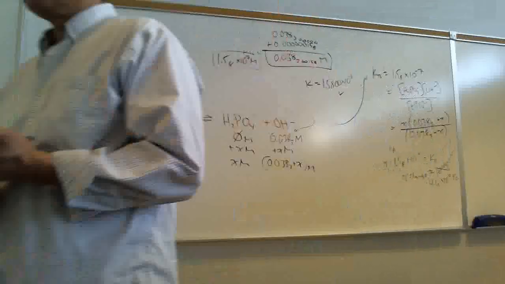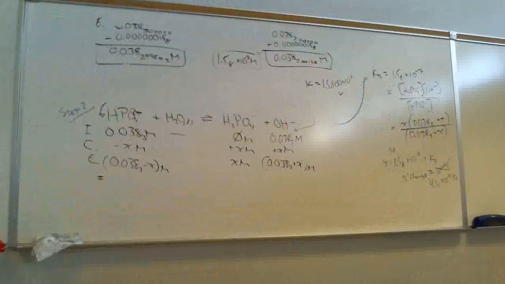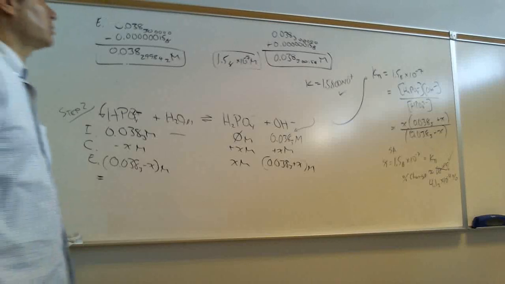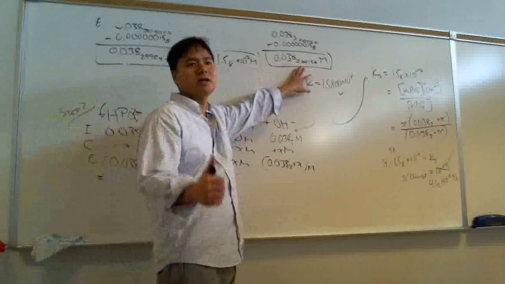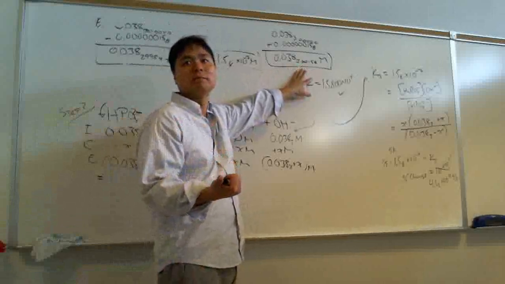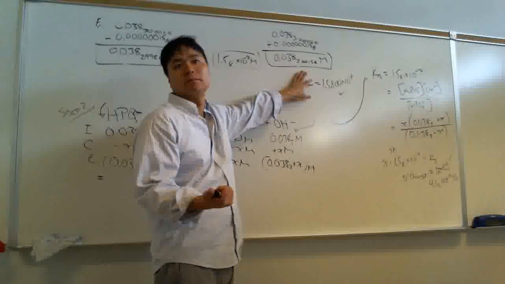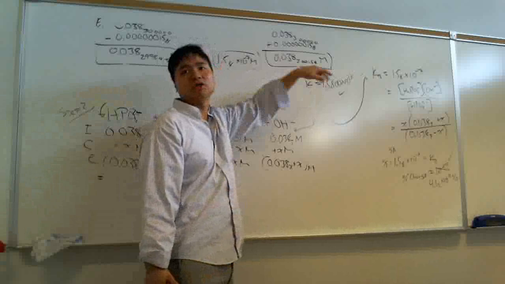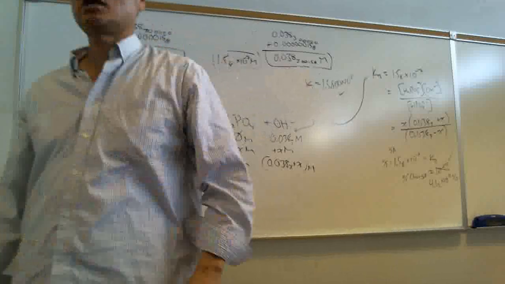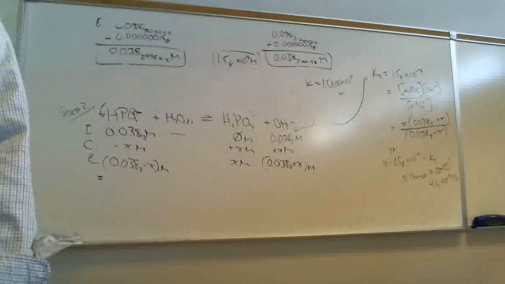But we have to ask ourselves this. After we complete step 2, we need to see, did step 2 perturb step 1's equilibrium? And so we did add some hydroxide here. Adding the additional hydroxide, is that going to mess up the previous step's equilibrium? No, because it's so small, the addition's negligible, it really doesn't change K significantly.